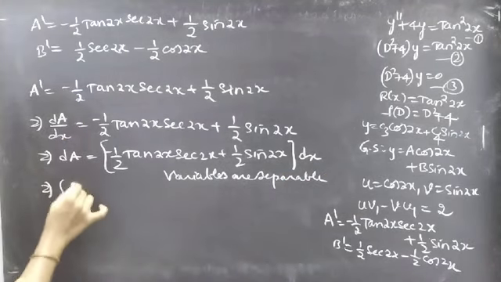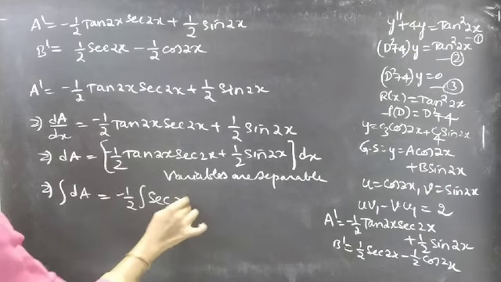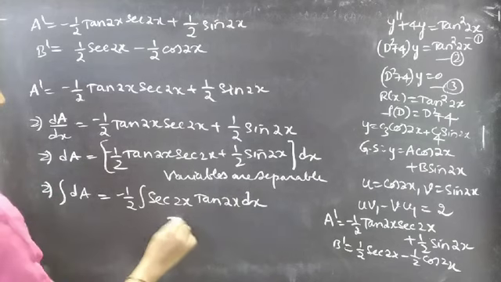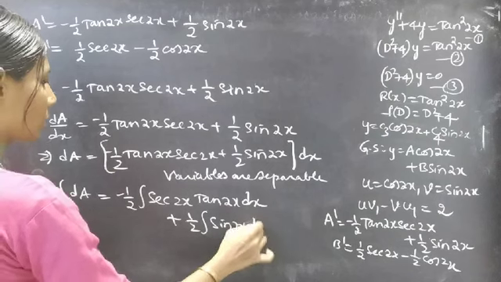Then integral dA equal to minus 1 by 2 integral secant 2x tan 2x dx plus 1 by 2 integral sin 2x dx.